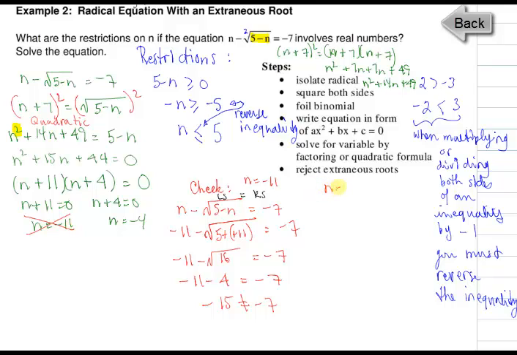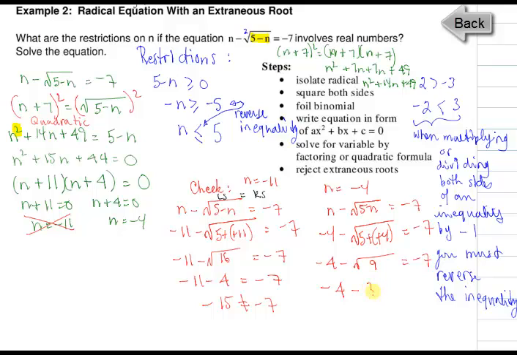Okay, let's check with n equals negative 4. Original equation. Plug in negative 4 for n. 5 minus negative 4. Okay, simplify. Inside the square root bracket we have 5 minus negative 4, so that becomes 5 plus 4, which is 9.